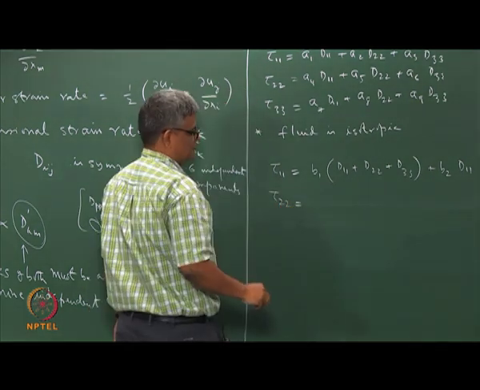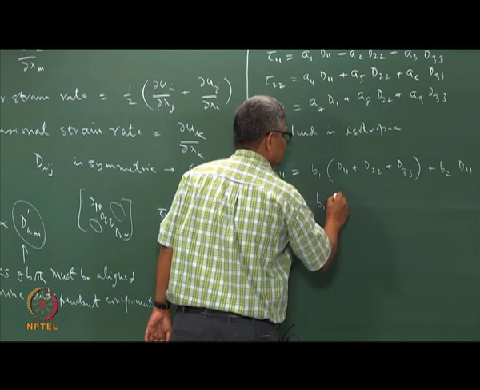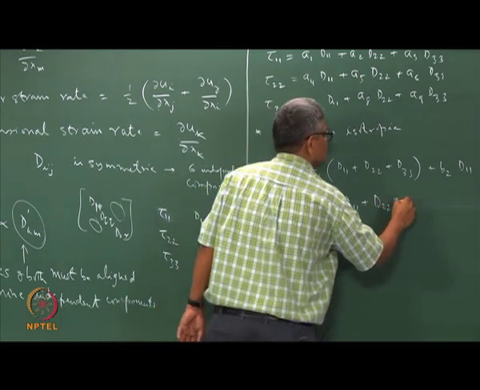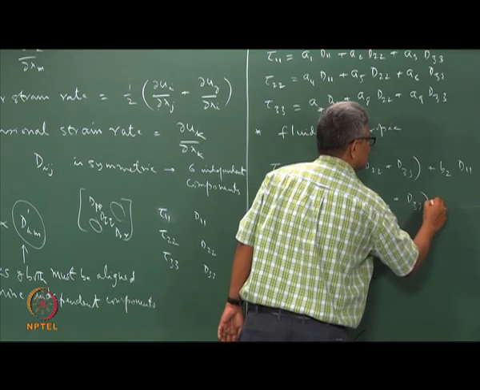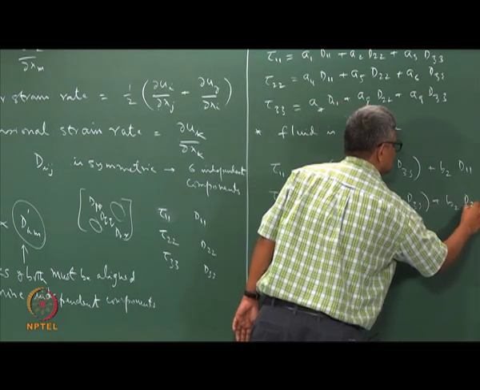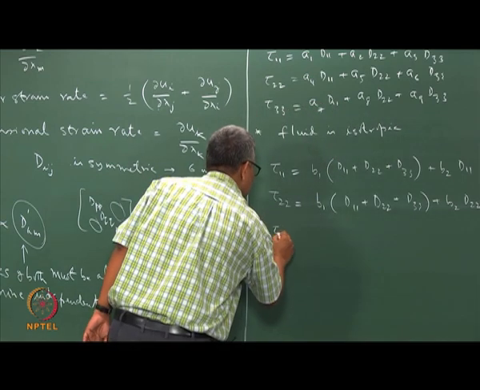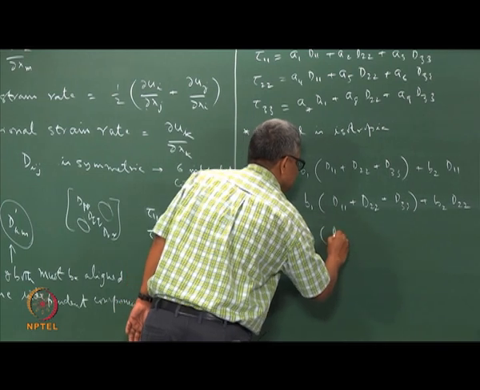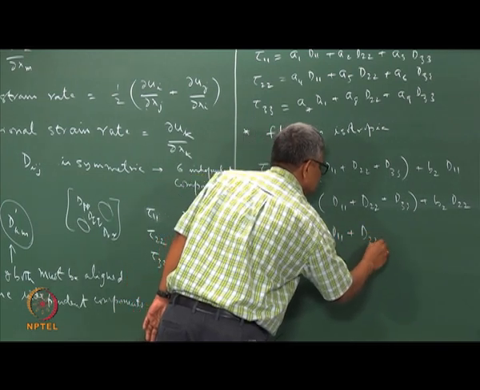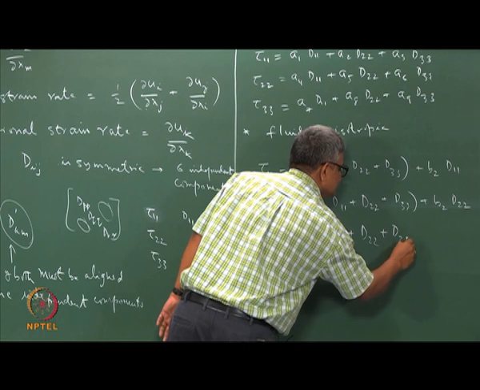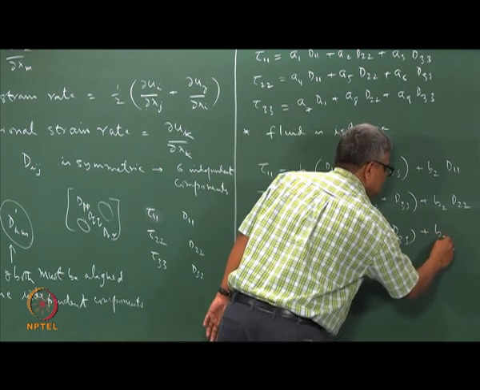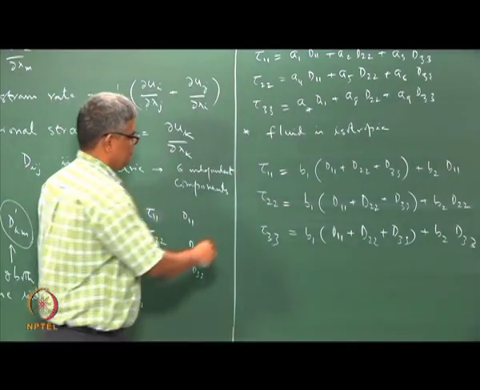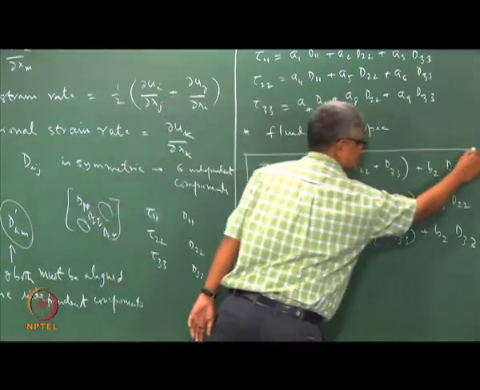Tau 22 is B1 times (D11 plus D22 plus D33) plus B2 times D22. Tau 33 is B1 times (D11 plus D22 plus D33) plus B2 times D33. Now you look at this relation here.